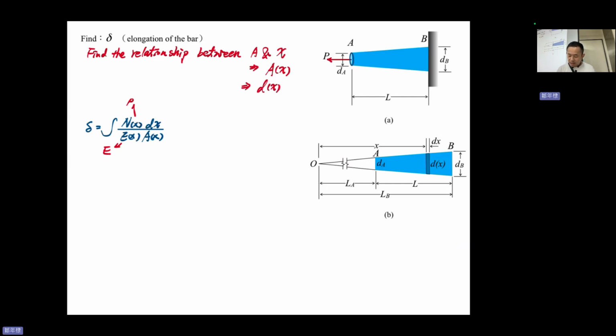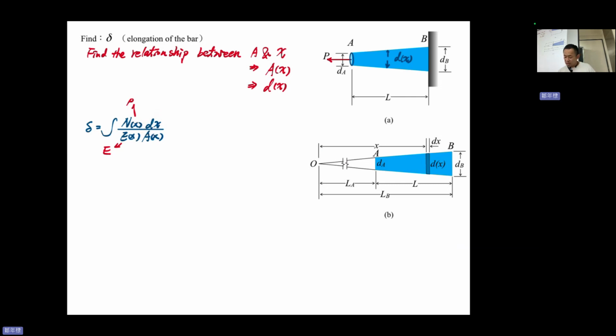Or we can say further, which means d of x. What is d? d is the diameter. All right, so we need to find the d of x. And please note that this d of x is not dx.